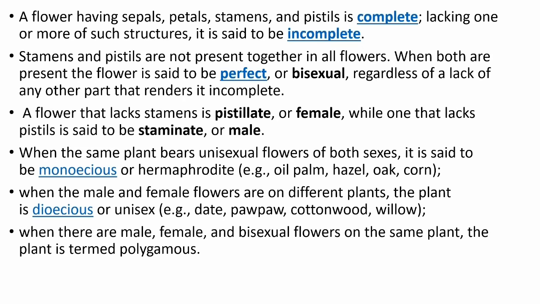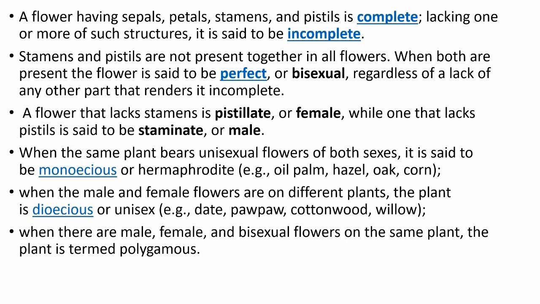When the same plant bears unisexual flowers, that is, a particular plant bears a flower that has only the male structure and another flower on the same plant that has only the female structure, we call such a plant monoecious.